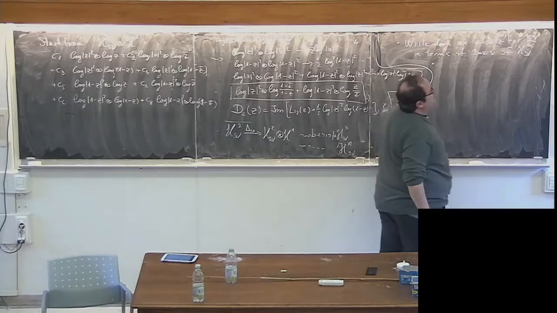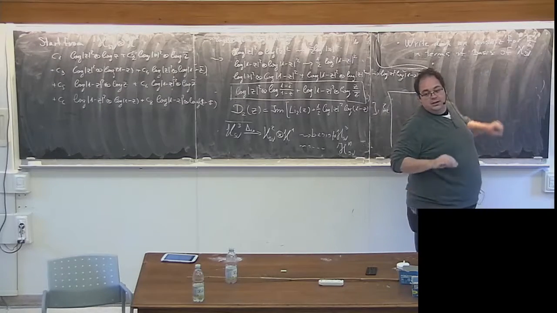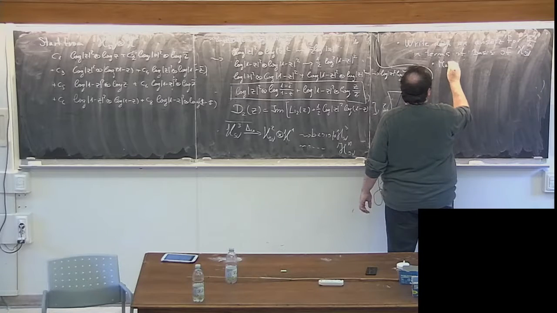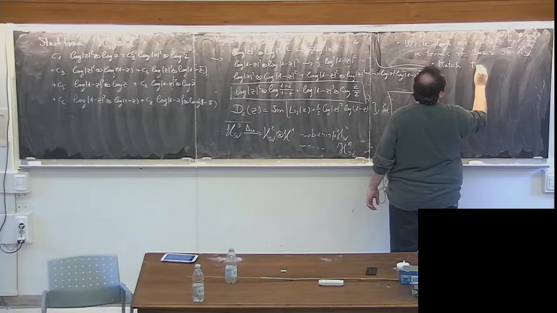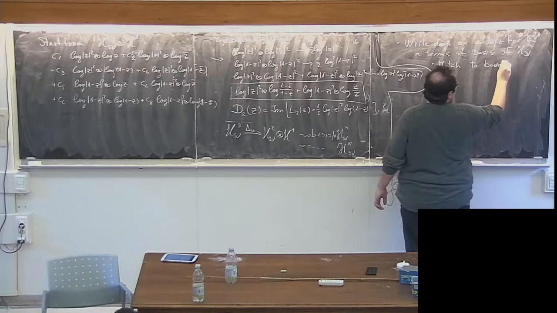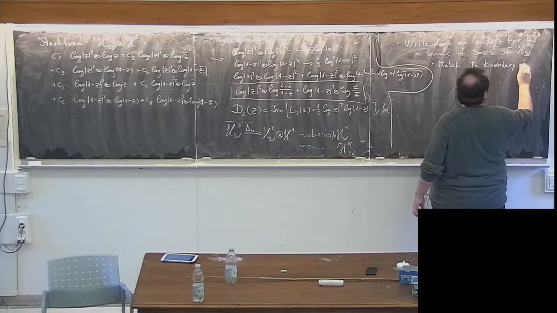You can also make sure that you take the combination here, there's the right symmetry under exchanging z and z bar and so on. But more importantly, you can match to boundary data, so some kind of what are called OPE or collinear limits.